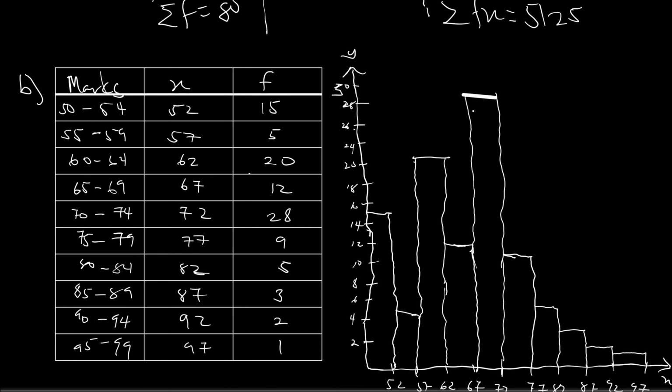So we move to the bar with the highest frequency. Then with our ruler, we make a straight line to touch the edge of this and the edge of this. So we do something like this, and we do something like this. So our modal mark will be the point of intersection of the two lines. So here.